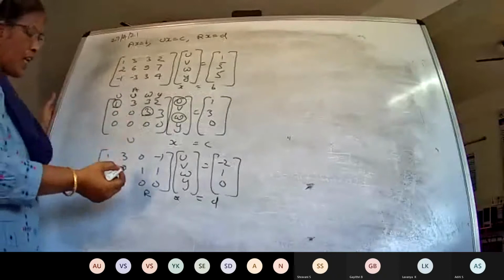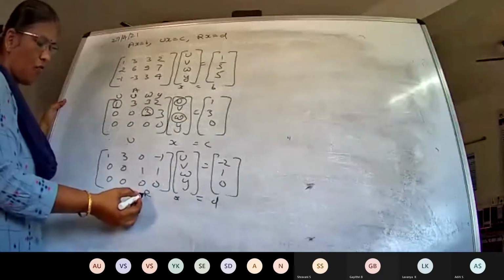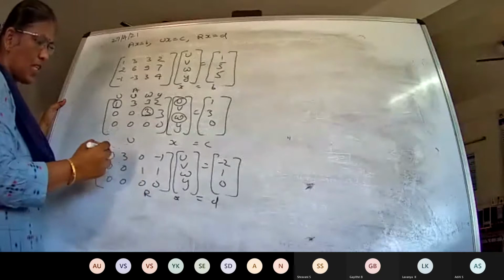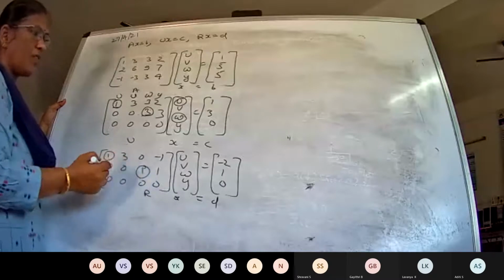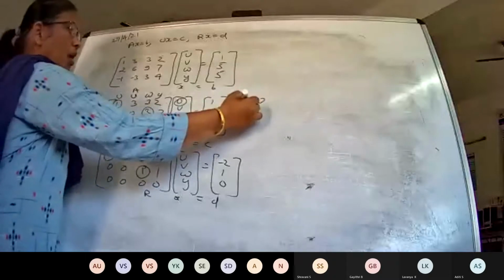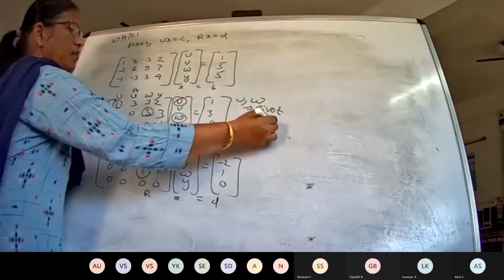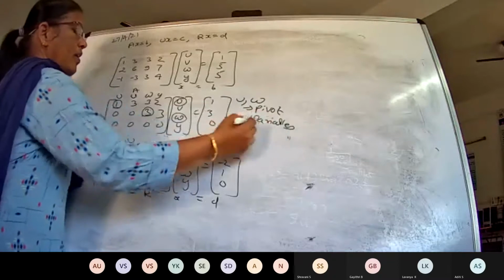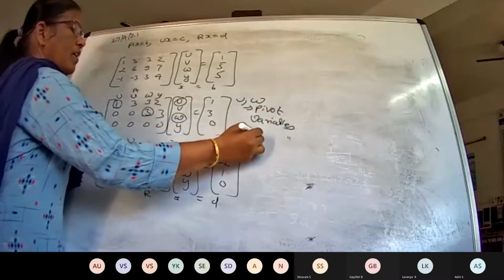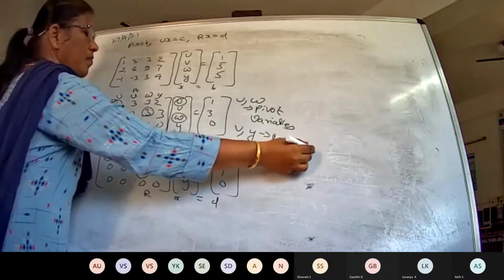Now when I reduce that U to R, the row reduced echelon form, here also U itself is a pivot and W itself is the pivot element. So you can say U and W are pivot variables, and V and Y are the free variables.